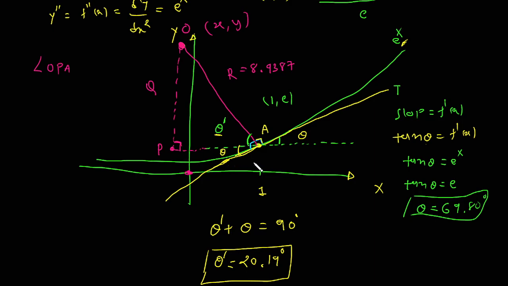So we have to add this amount of distance, because we are already at this point and we are measuring the vertical distance from this P point.